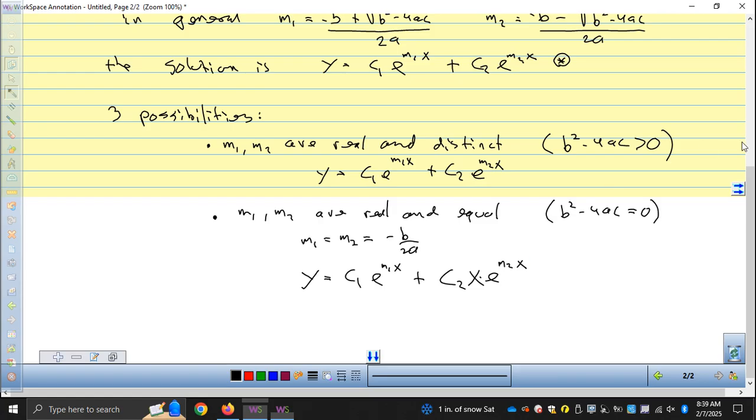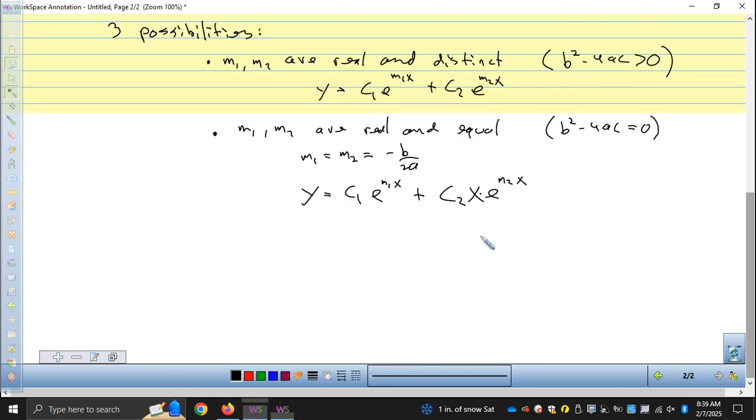So our second solution comes from the reduction of order. So this is what I was talking about yesterday. When we see a certain kind of solution, we know that reduction of order gives us this. So when we get an e to the mx solution, the reduction of order gives us x e to the mx. So then we have our two-parameter family of solutions.